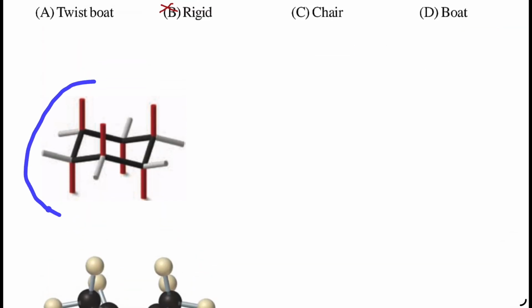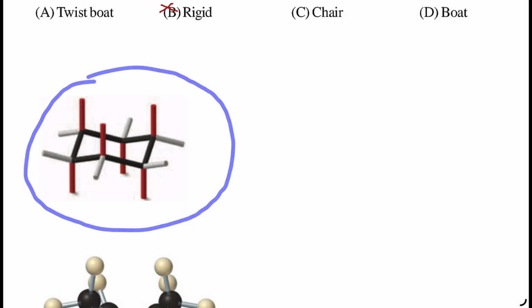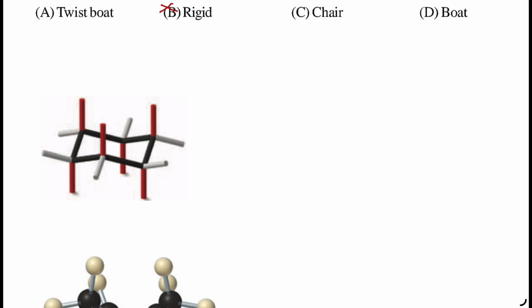So here the first conformation is a chair conformation. If you pass the plane through the 1 and 4 carbons, you can take this one and this one, or this one and this one, or even this one and this one.